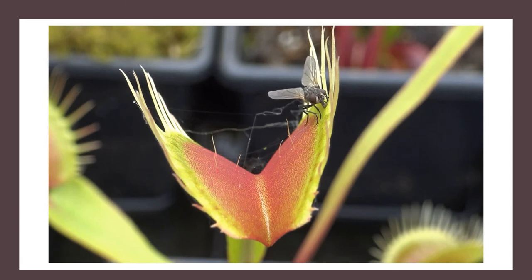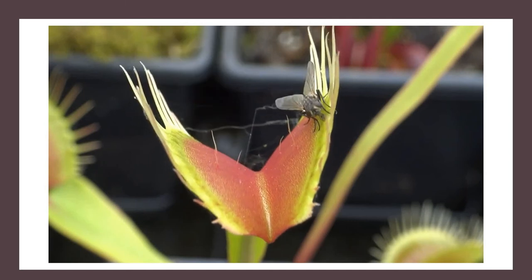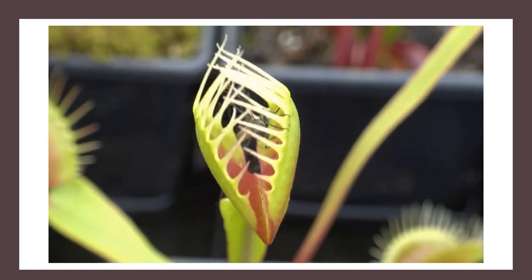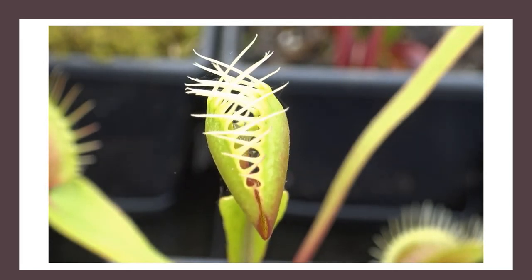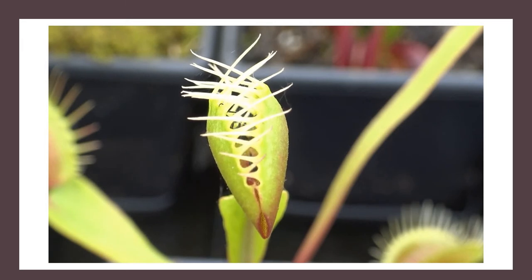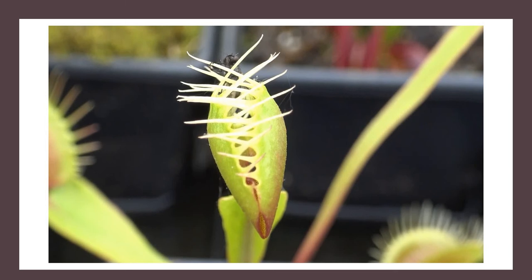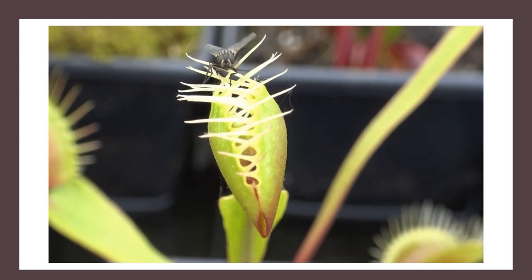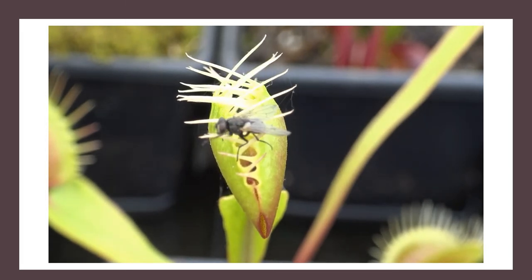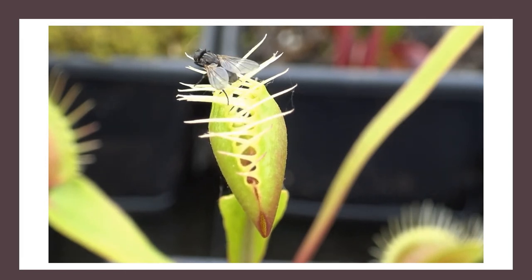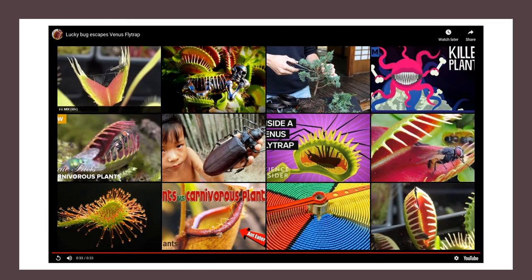And watch those trigger hairs. Okay, so you see the plant actually changes shape. However, in this scenario, the bug actually is able to escape from the Venus flytrap. So it's not a guarantee, but the plant will open up and try again.